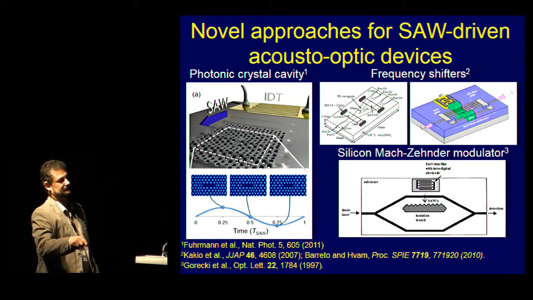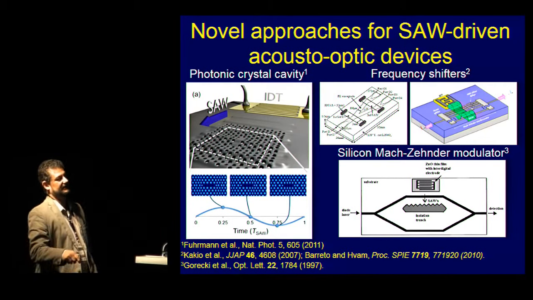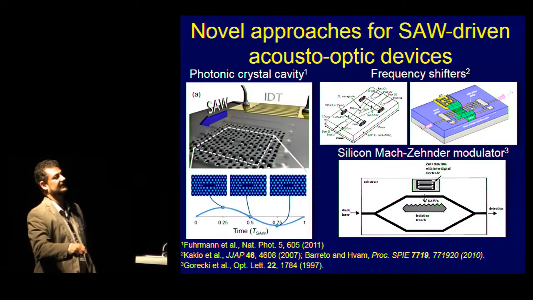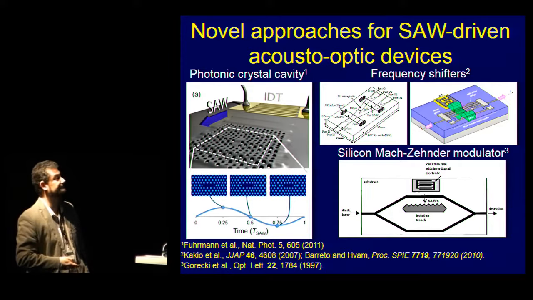So you launch an acoustic wave with the wave fronts parallel to the propagation here, the arm of this Mach-Zehnder. So we modulate the refractive index of this waveguide, and they would place here at the center of the Mach-Zehnder something to absorb the acoustic wave, so you don't touch this other arm. And then controlling the acoustic wave here, you have interference there, and you have a modulator.